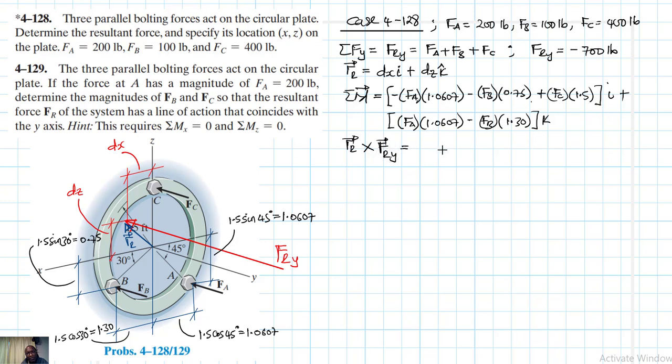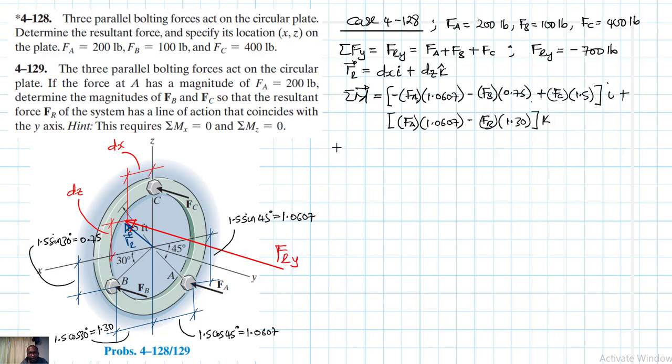This is supposed to be equal to the summation of this moment. Okay, so we are going to work it out. Let's plug in figures. So if you plugged in figures, okay, this will give us, let me write a complete one here.